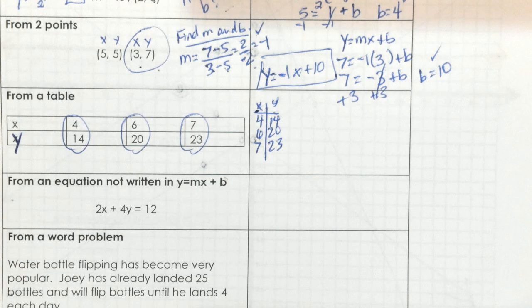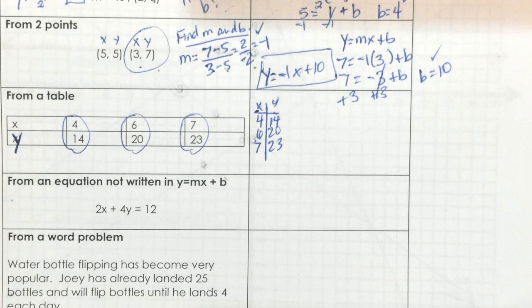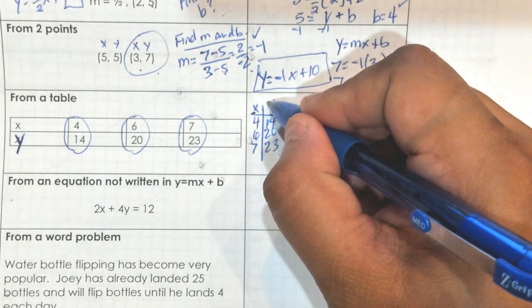But again, what you have to understand is that a table is just a lot of points on your line. These are all the points on your line. So how many points do I need to find slope? All I need is 2 points to graph a line. All you need is 2 points to find your line.